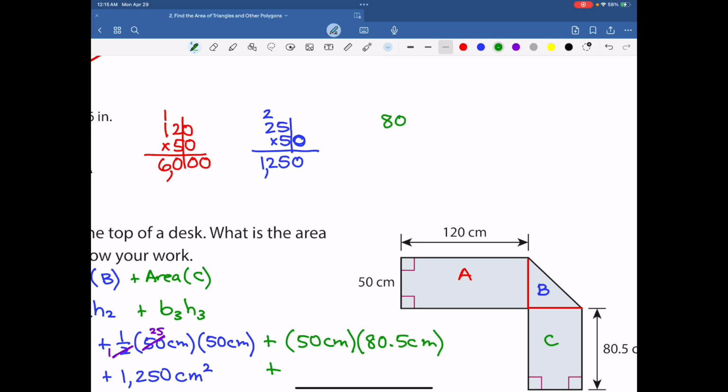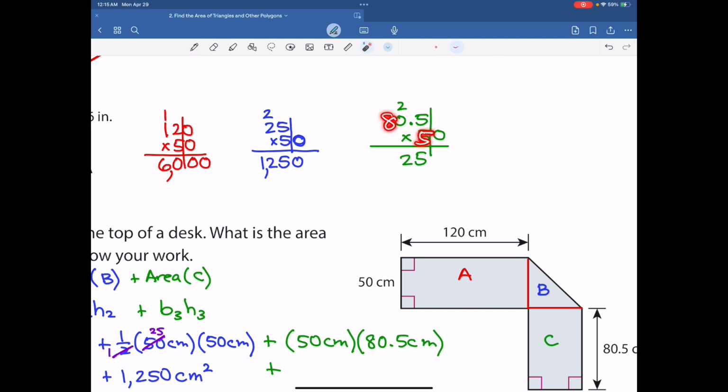So 80.5 times 50, like this. And let that hanging zero hang out all by itself. We'll save it for the end. 5 times 5 is 25. 0 times 5 is 0, plus 2 more is 2.